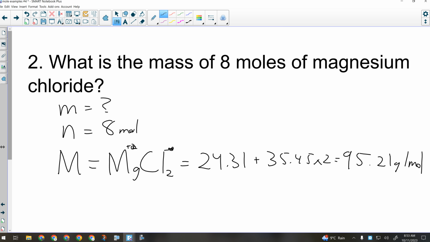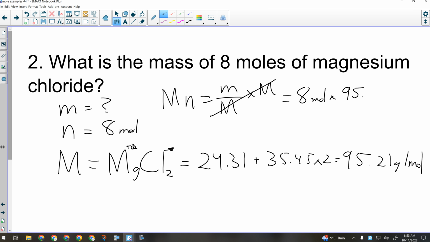So we're looking for little m. That means we are going to have to manipulate this equation by multiplying both sides by big M. So what we're doing there is multiplying the number of moles, 8 moles, times the mass of 1 mole, 95.21 grams per mole.